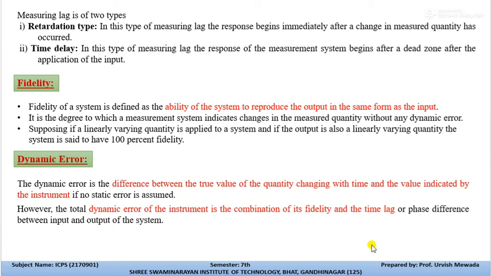That is called the dynamic error in the measurement or instrumentation system. The dynamic error of the instrument is the combination of fidelity and time lag. So 100% fidelity and minimum time lag are required, so we can minimize the dynamic error of the instrument.